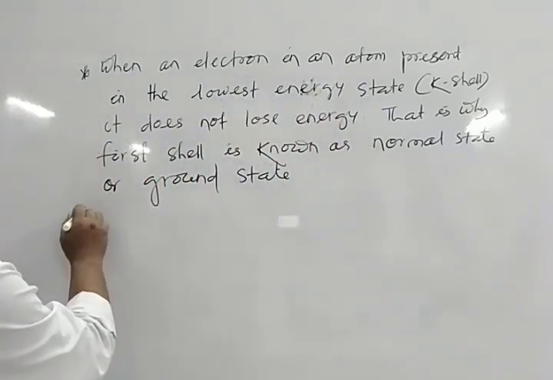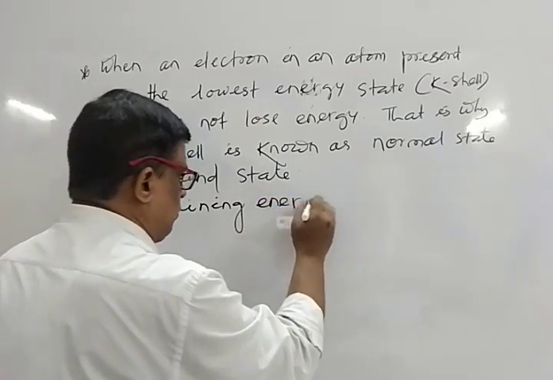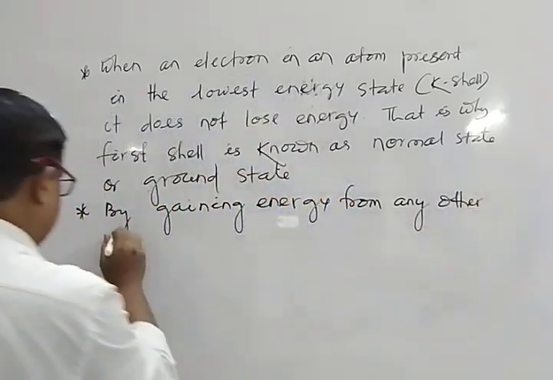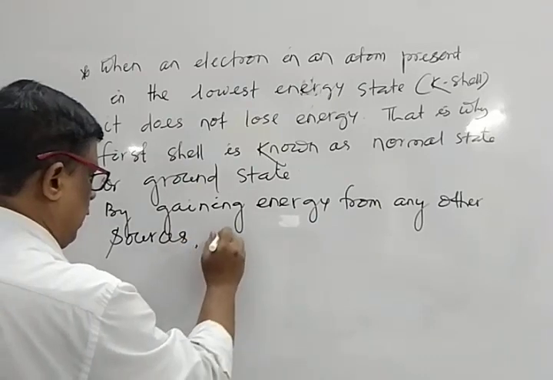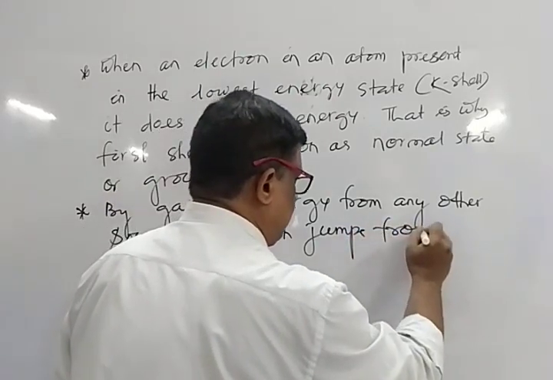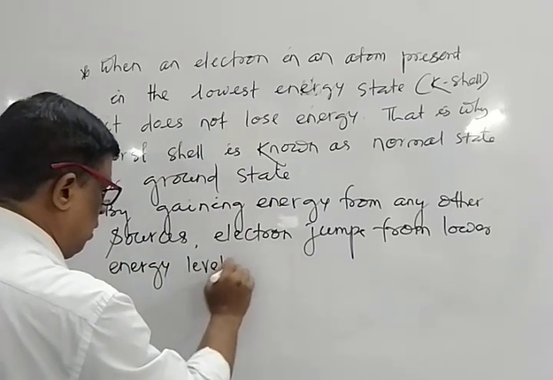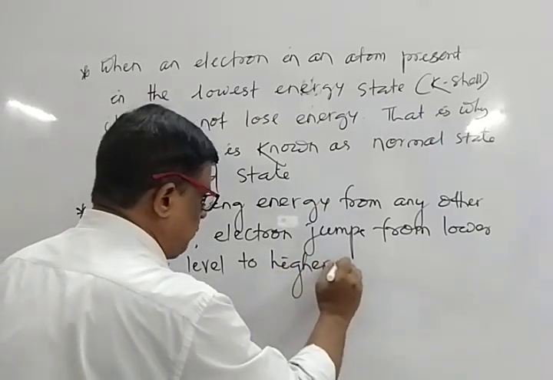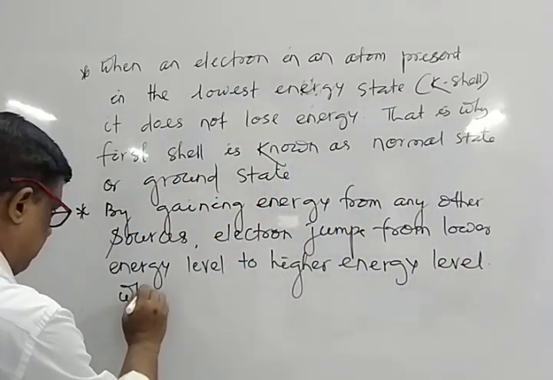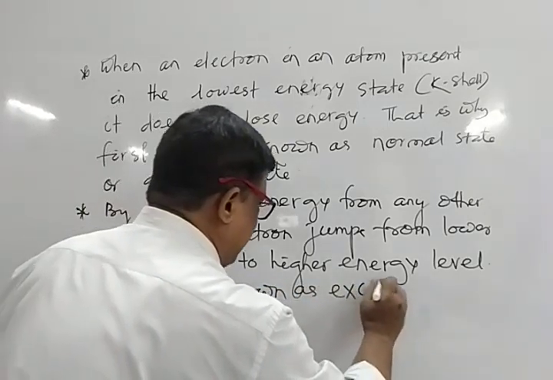Next point, by gaining energy from any other source, an electron jumps from a lower energy level to a higher energy level, which is known as the excited state.